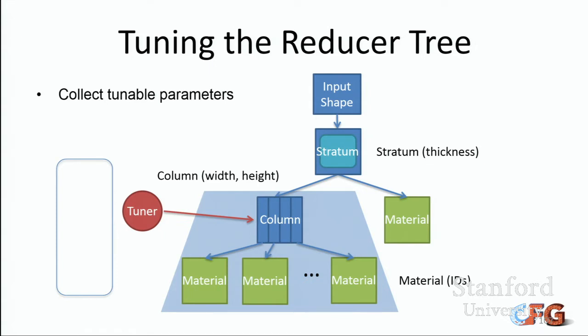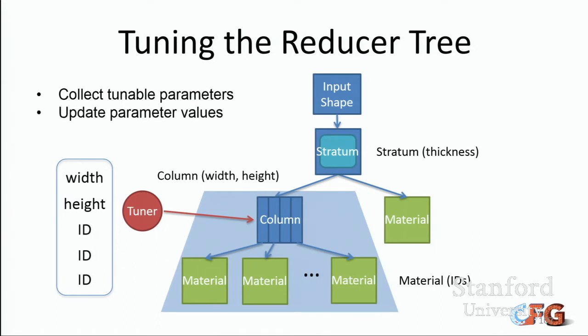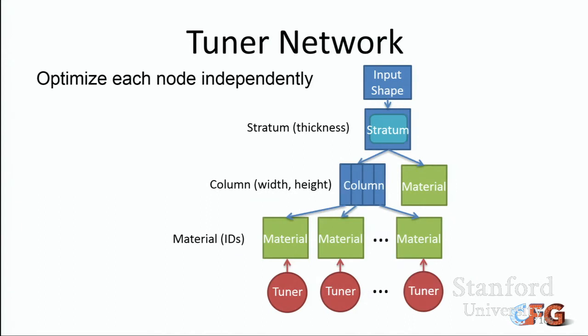So how does this work? Basically, the tuner collects the tunable parameters, in this case, the width, height, and material IDs, updates the parameter values, and it can actually iterate within a given loop.